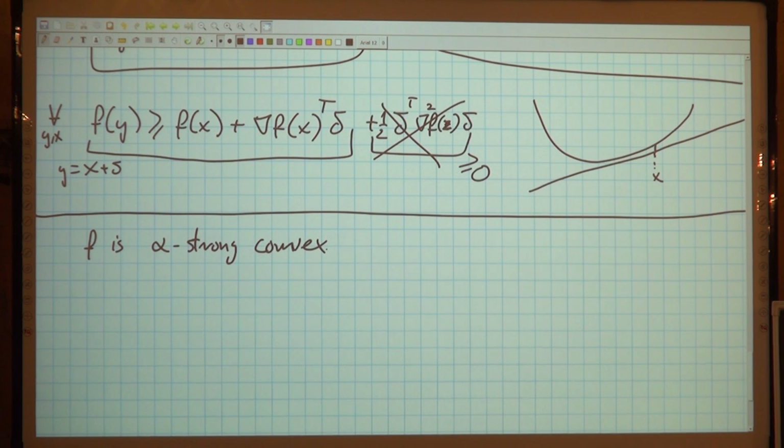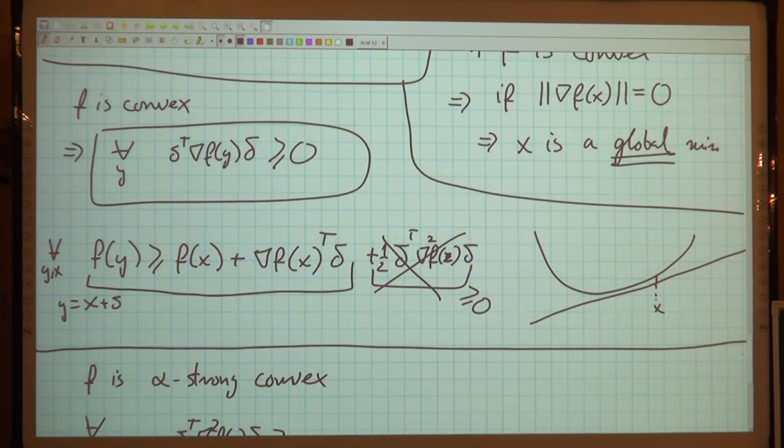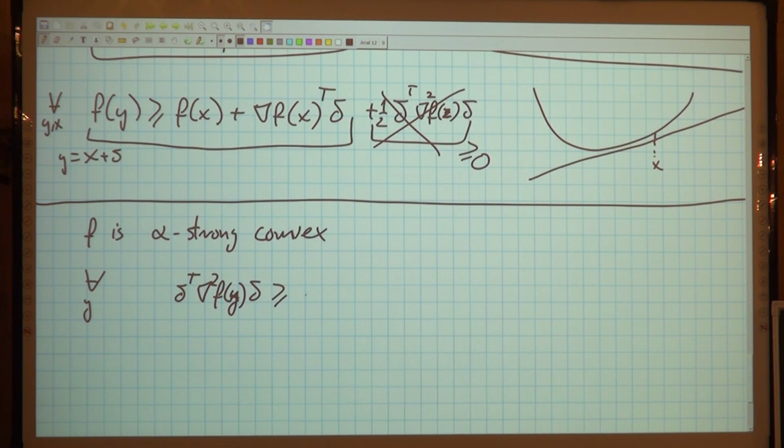And what it really says is essentially that for any y, I look at this quadratic, the quadratic form of the Hessian, y delta. So far convexity just gave us that this thing is non-negative, but here we strengthen it and say that it's actually at least alpha times the norm of delta.